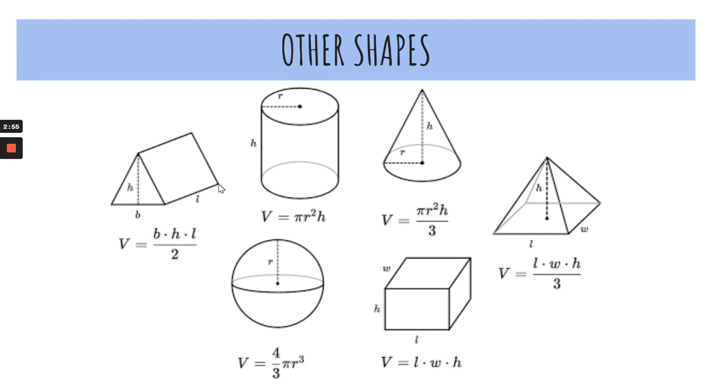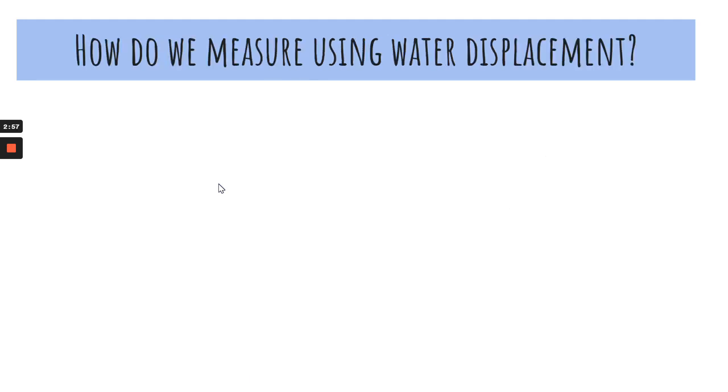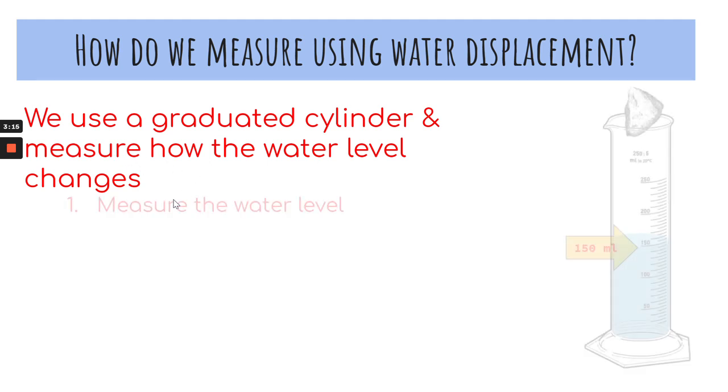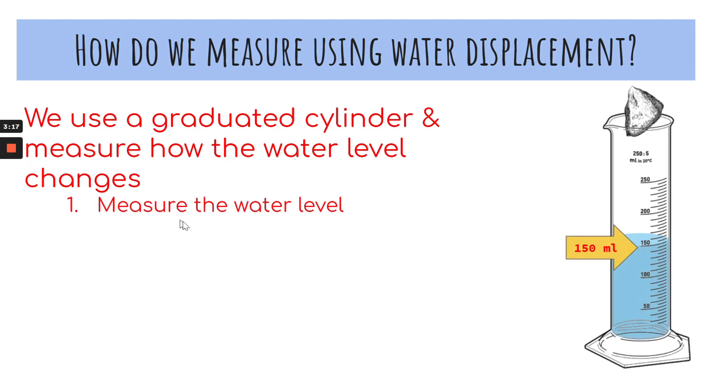All right, now how do you measure using water displacement? Well, it's kind of like what the word sounds like. You're displacing or moving water. So you use a graduated cylinder and you measure how that water level changes. So first you measure the water level. Before you put anything in it, you can see we're at 150 milliliters.